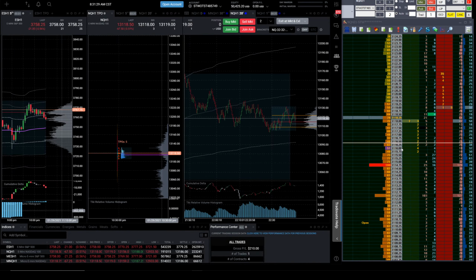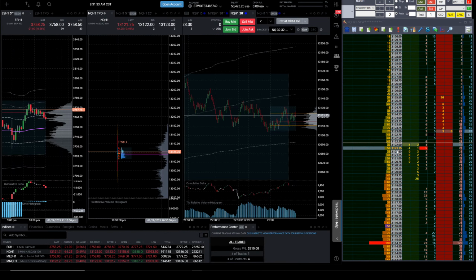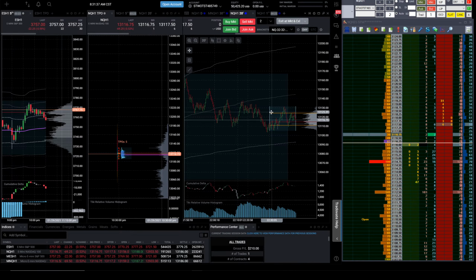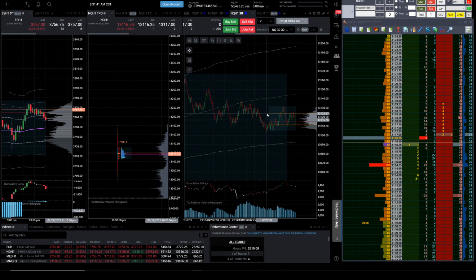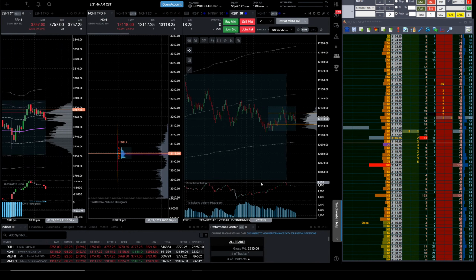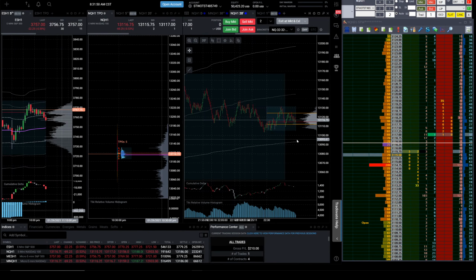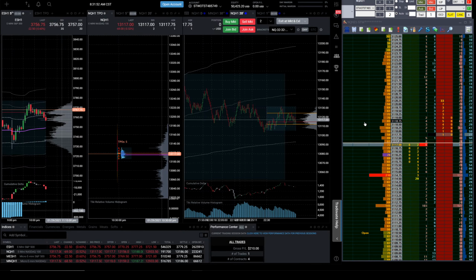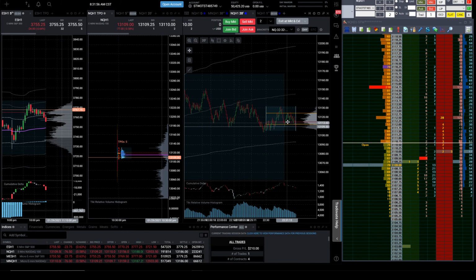And our VWAP here, you see, has started recalculating now. Value area here is about 23, 24. I have value area on the charting package set at 69%. I've got to reconfirm here. We've got the POC at 1450.